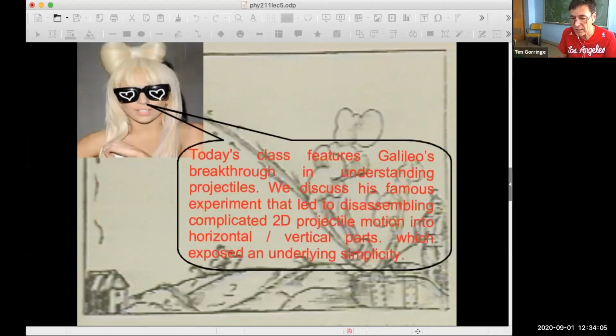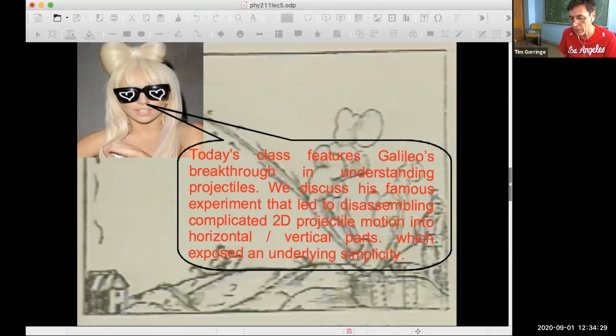And what we'll see in today's class is that the breakthrough in projectile motion is due to somebody we met in a prior class, Galileo. He made the breakthrough in falling body motion, and he also made the key breakthrough in projectile motion.